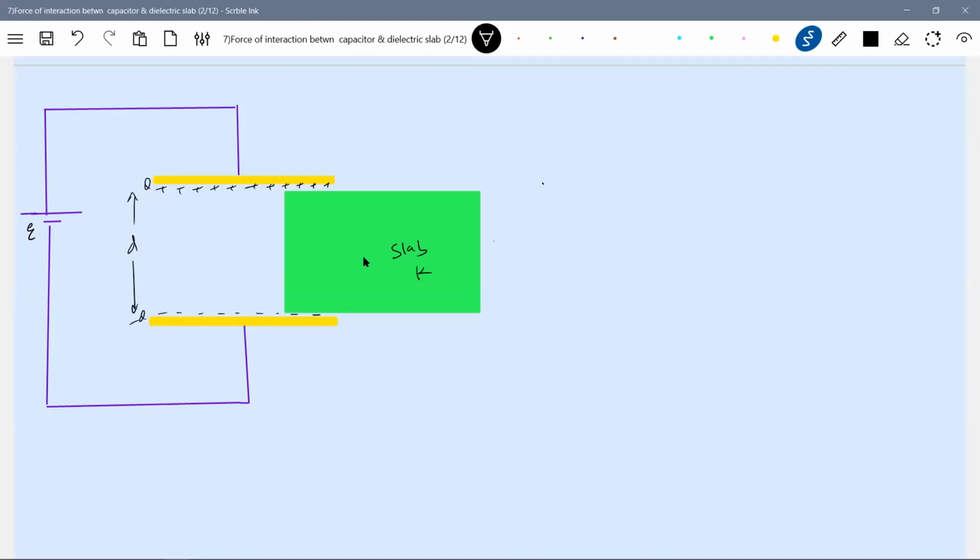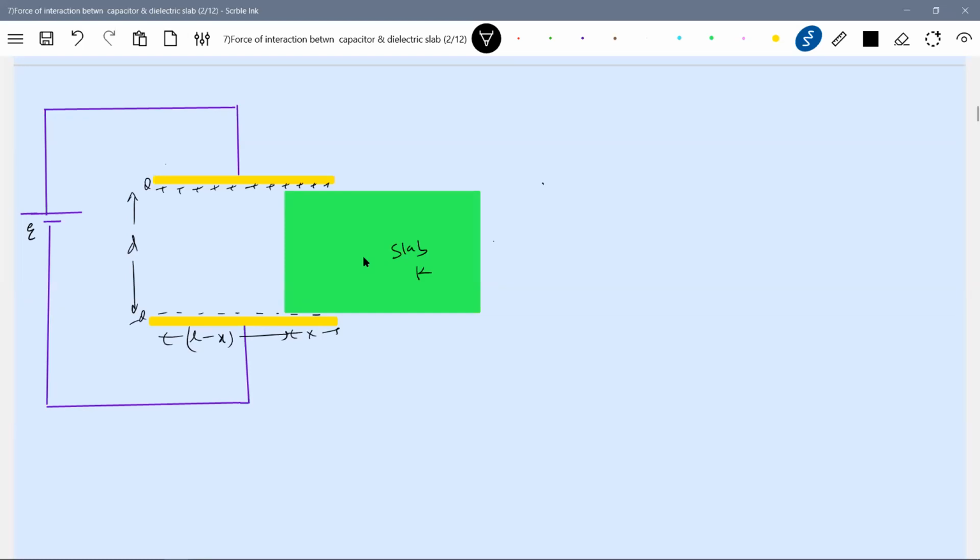Some X length is there between the plates. I want that force. So here, what is the situation? Capacitor connected to the cell and a slab is introduced.